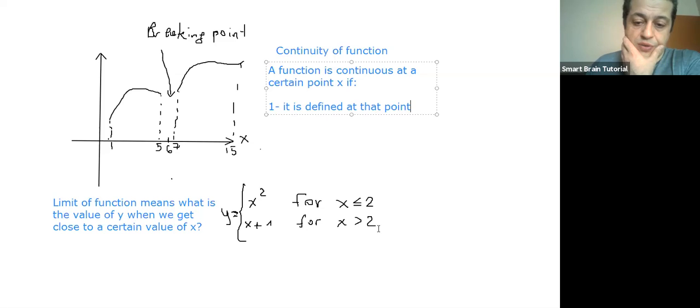So we suspect here the point 2 in this kind of graph. I will delete this graph here because I'll draw the correct graph of the function.